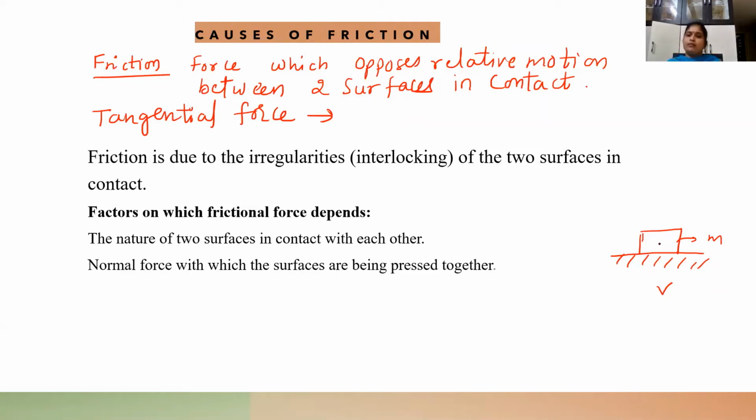But its normal reaction will act normal to the surface in contact with the body. This is a normal force. But here we spoke about tangential force, the force which acts tangentially in this direction, and that is called friction.